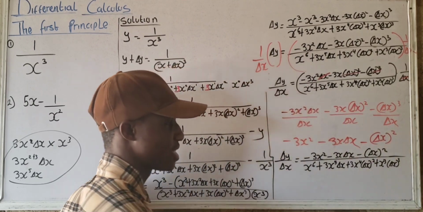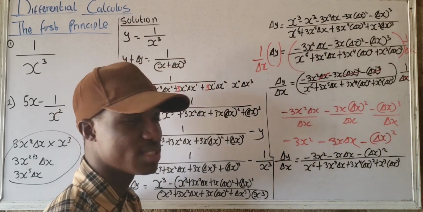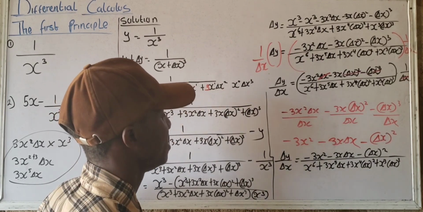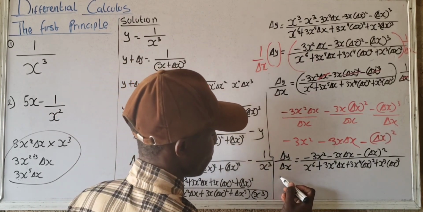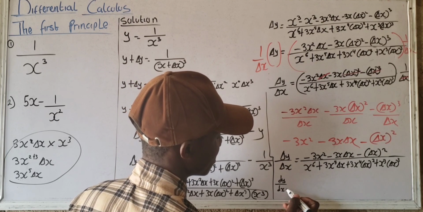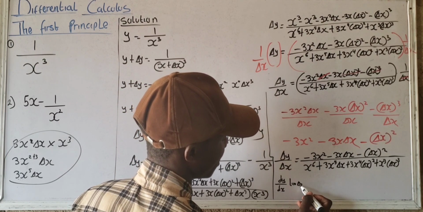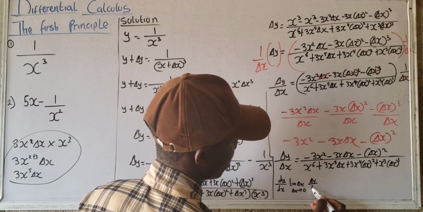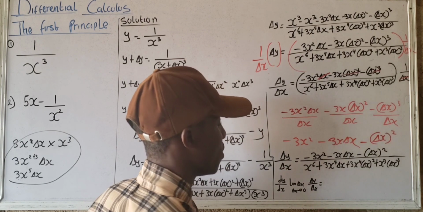Okay? Now the next step is that you have to take the limit as delta x tends to 0. That means in this case we are going to have dy all over dx, the limit as delta x tends to 0. Do you know the meaning?